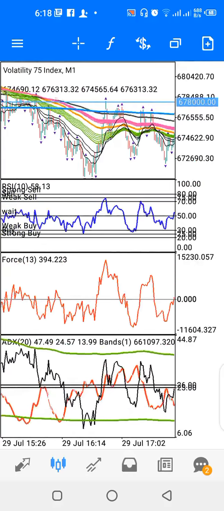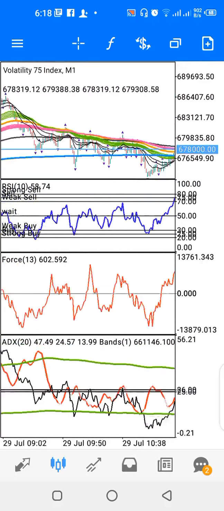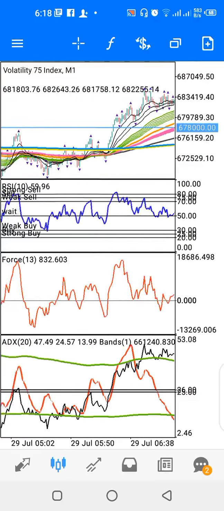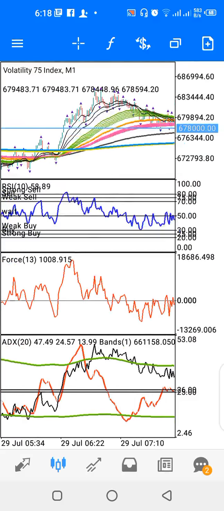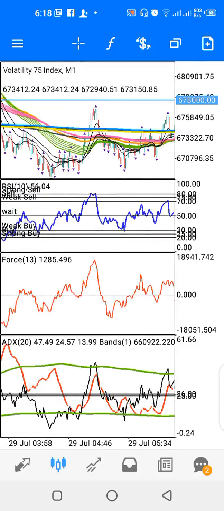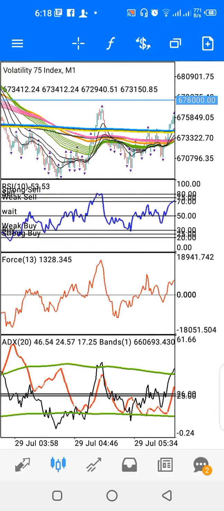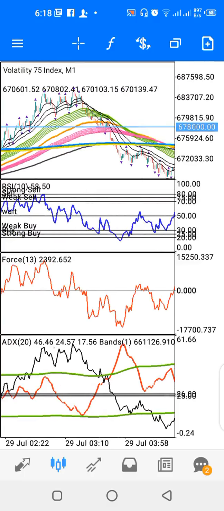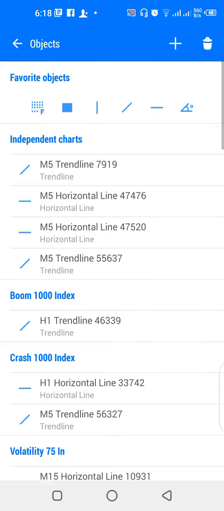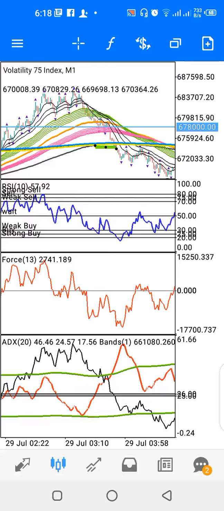It's ranging. If you look at the screen, this is the trend moving average here, and all other moving averages are ranging around the trend moving average.